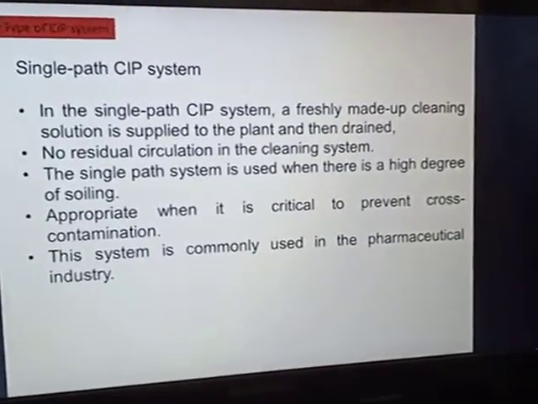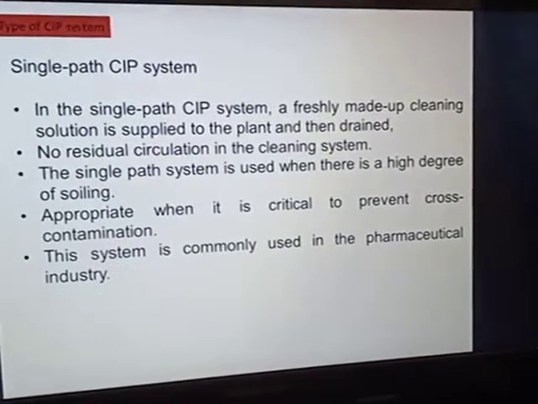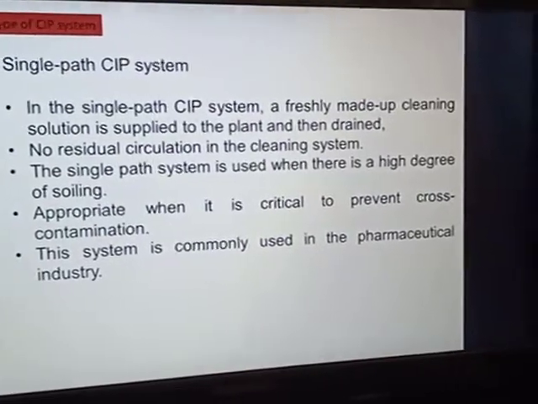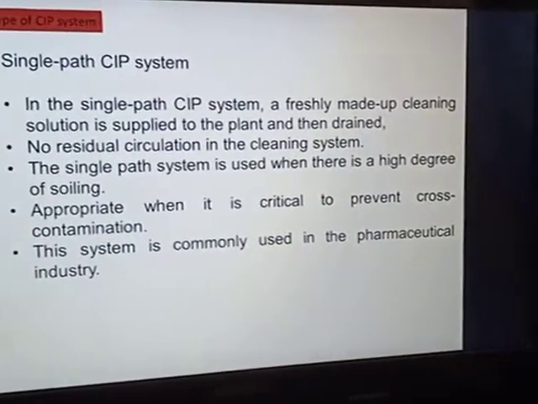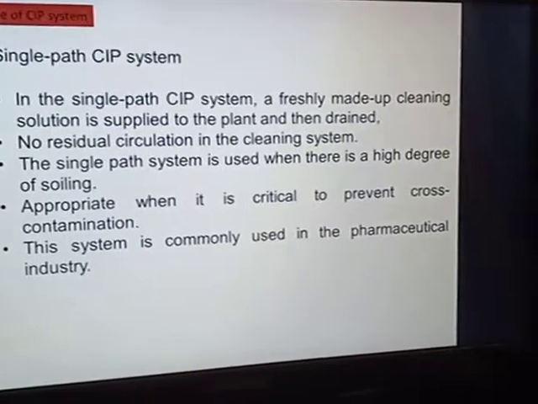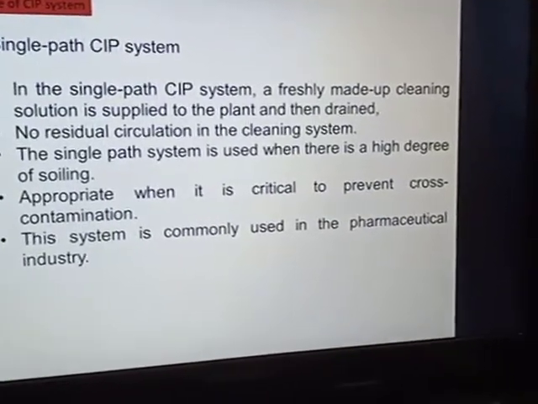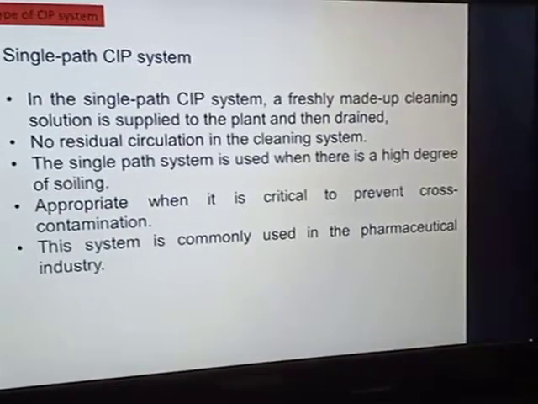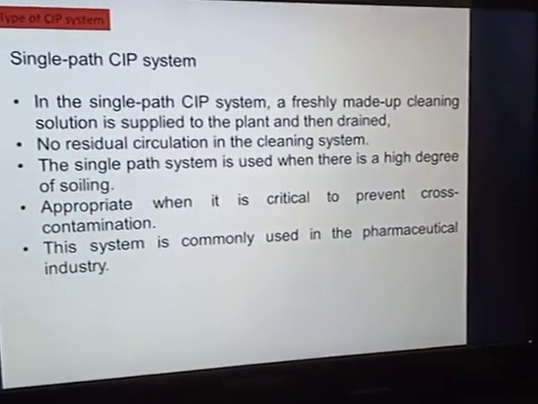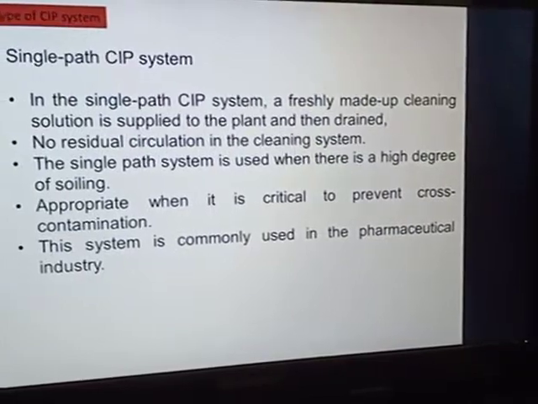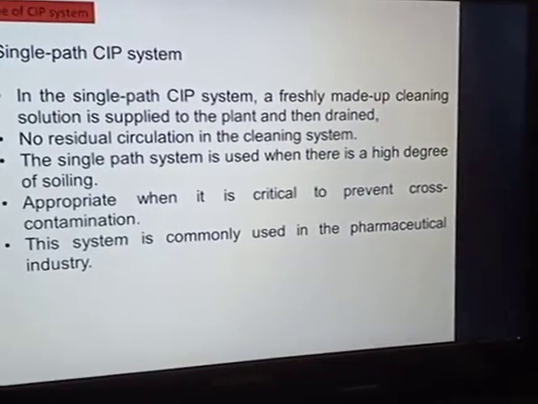The single pass system is used when there is a high degree of soiling, and is appropriate when it is critical to prevent cross-contamination. You don't want any cross-contamination, so you use a single pass CIP system. This system is commonly used in the pharmaceutical industry.